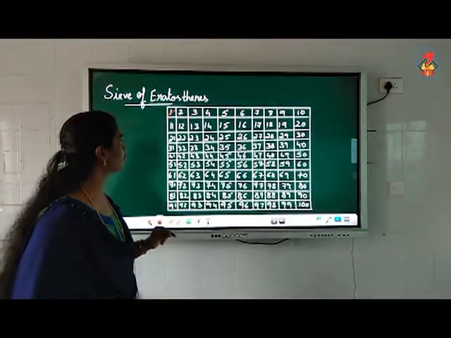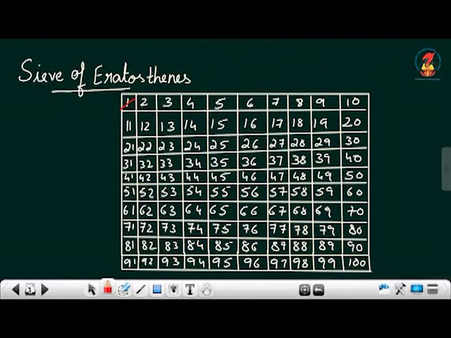Which are the multiples of 2? See, 2 2s are 4, 2 3s are 6, 2 4s are 8, 2 5s are 10, 2 6s are 12, 2 7s are 14, 2 8s are 16, 2 9s are 18, 2 10s are 20. All the multiples, that is skip count 2. 2 11s 22, 2 12s 24, 2 into 13 26, 2 into 14 28, 2 into 15 30.